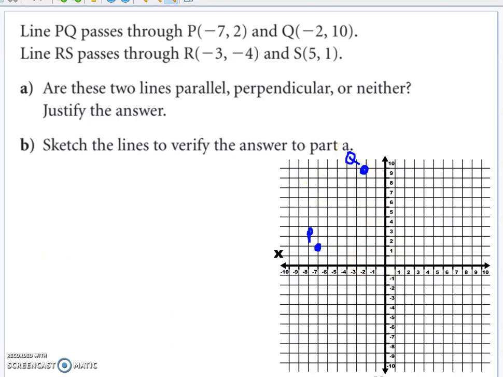So let's attach a line through those. And then we have R, which is -3, -4. And we have S, which is 5 and 1.